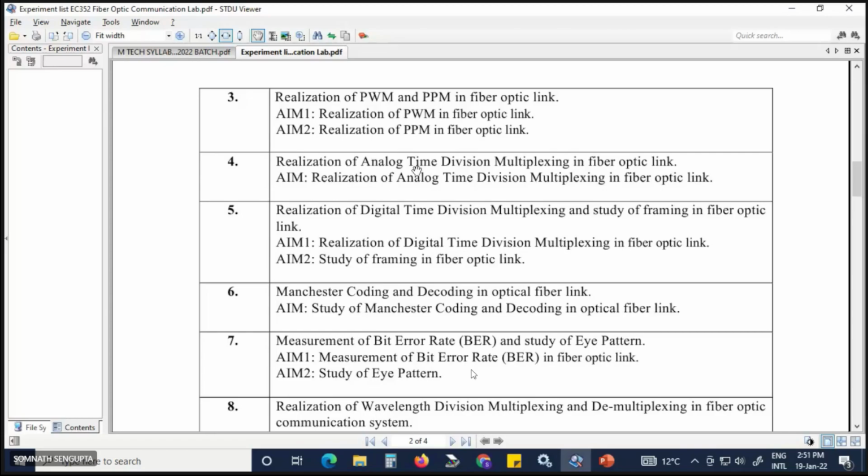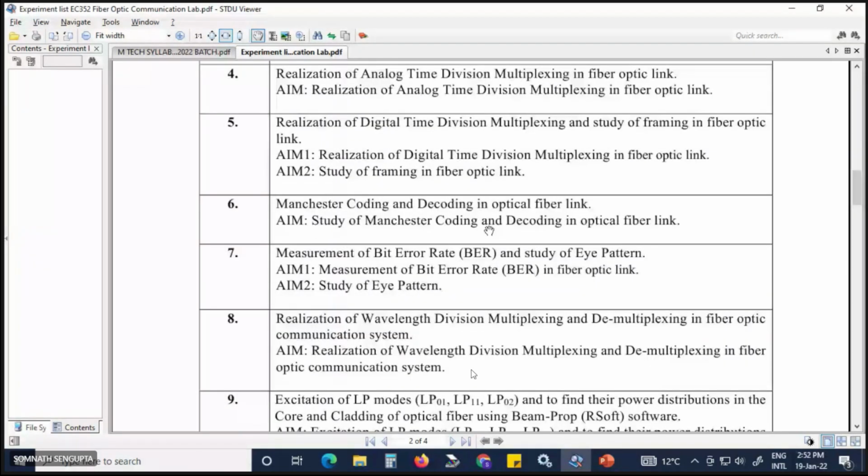The next experiment is analog time division multiplexing, that is, to see how time division multiplexing takes place through optical fiber. Then the fifth experiment is digital time division multiplexing. The sixth experiment is Manchester coding and decoding in optical fiber link.